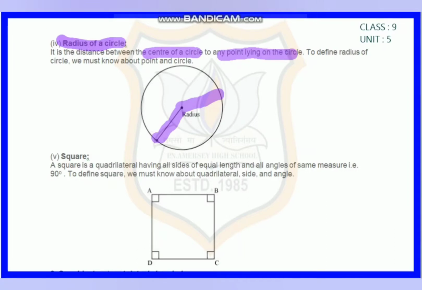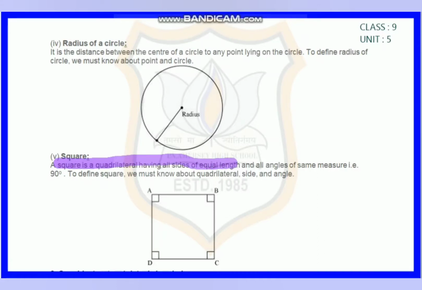In the same way, next is square. What is a square? A square is a quadrilateral having all sides equal. Means the quadrilateral which has all four sides equal and all the angles between them are 90 degrees. So we can say that quadrilateral is a square.